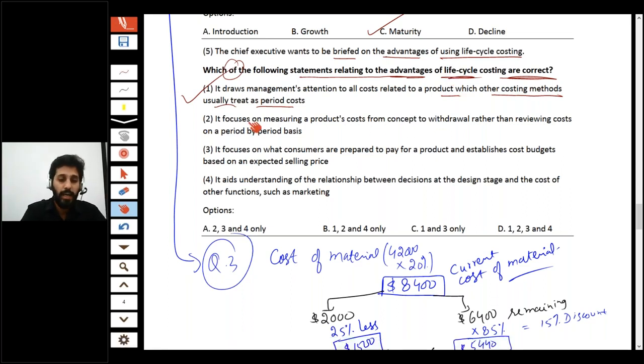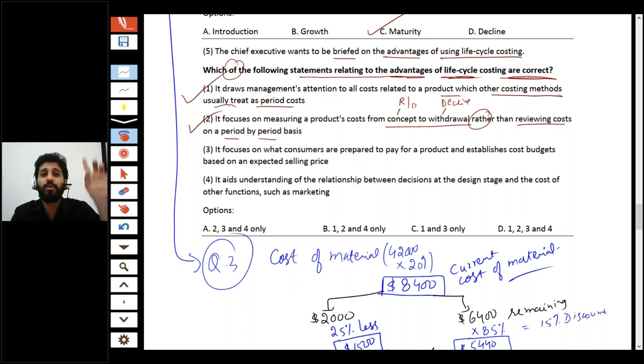Number 2, it focuses on measuring the production cost from concept to withdrawal. From concept, that is R&D, to withdrawal, that is decline, rather than reviewing the cost on a period by period basis. The answer is yes, because it is measuring the performance of the product from start to decline.